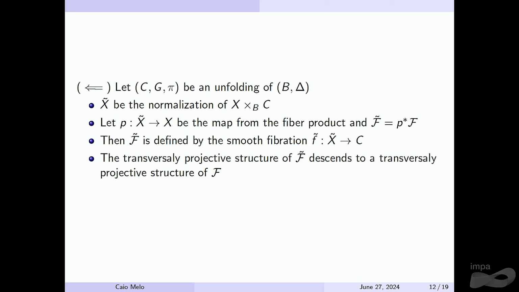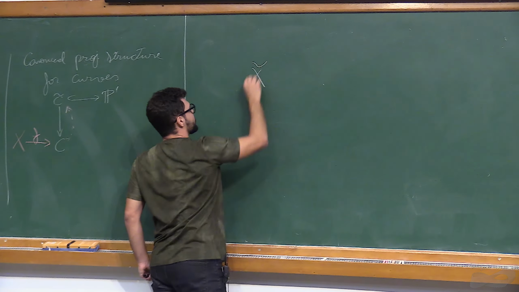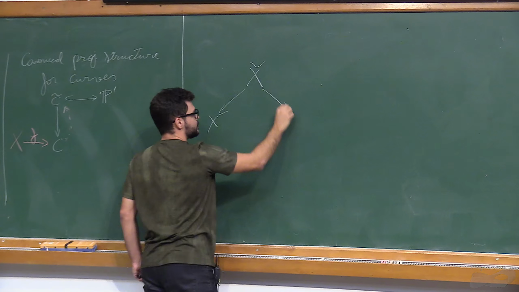Okay. So now, if we begin with an unfolding, then we take the normalization of the fiber product, and we have something like this.